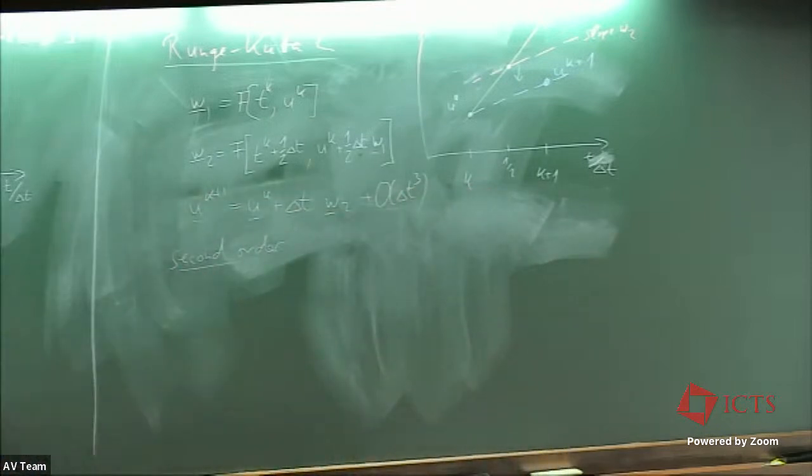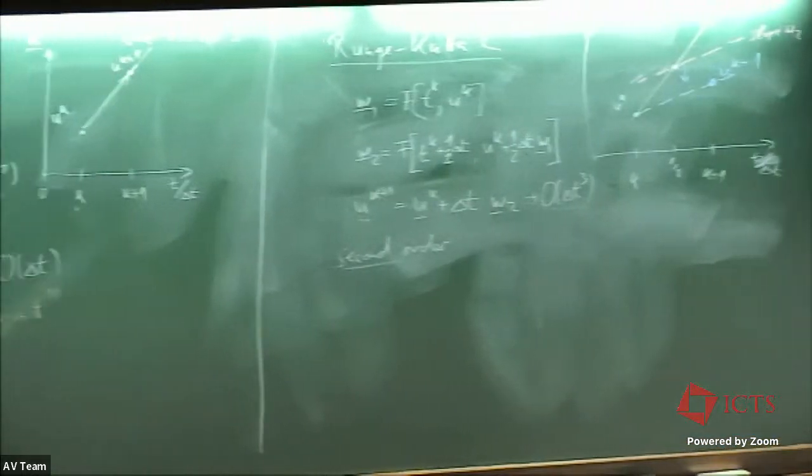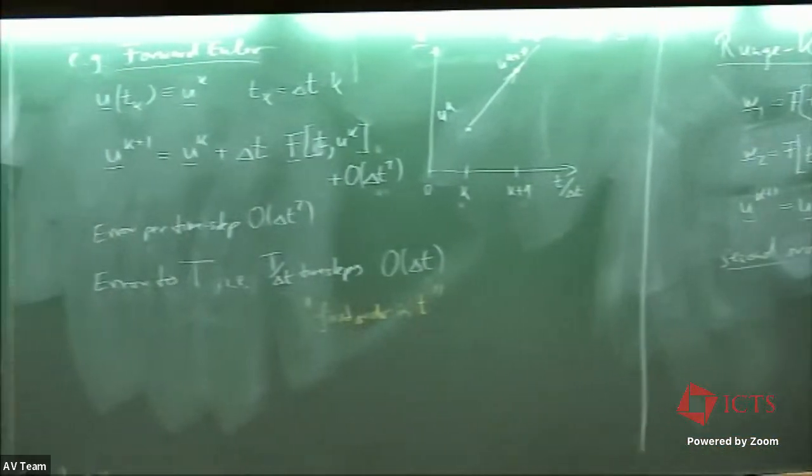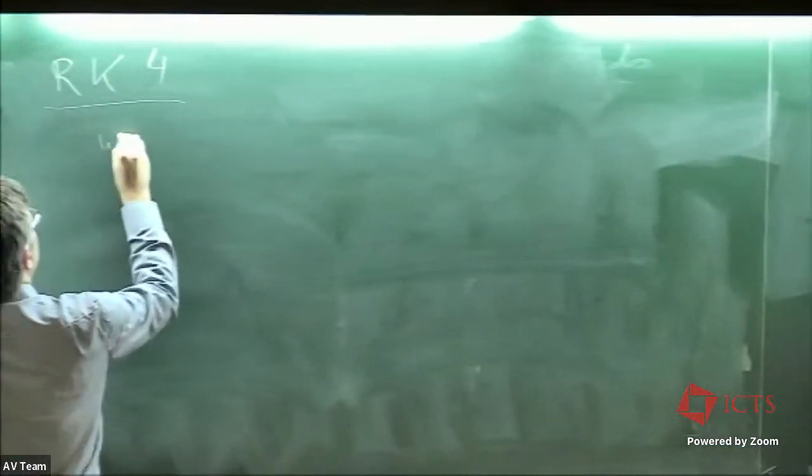But of course, the most useful weapon of choice that many people are using is, as I already mentioned, Runge-Kutta 4. And the 4 is going to mean that we now have 4 right-hand side evaluations. And they are split out a little bit differently.